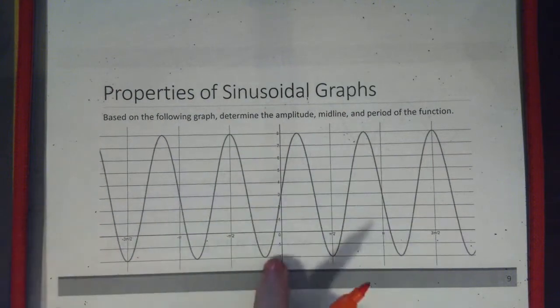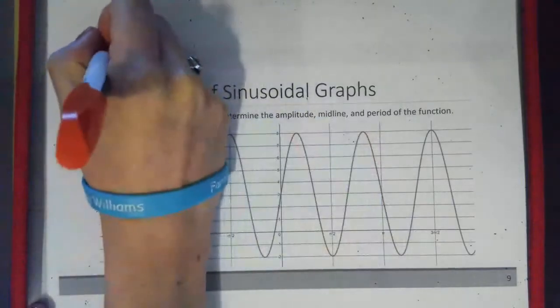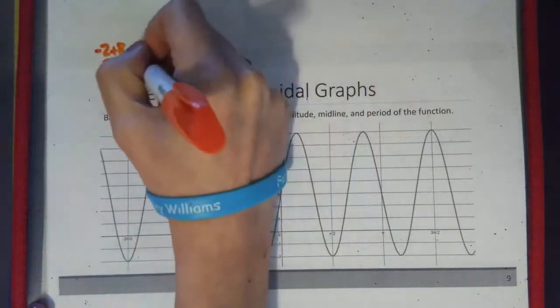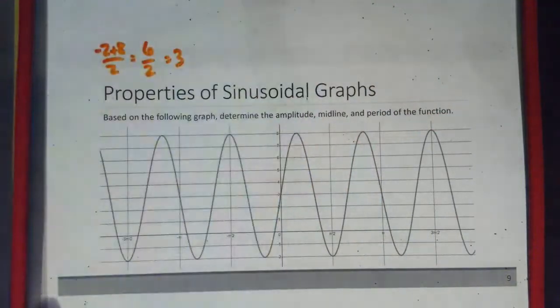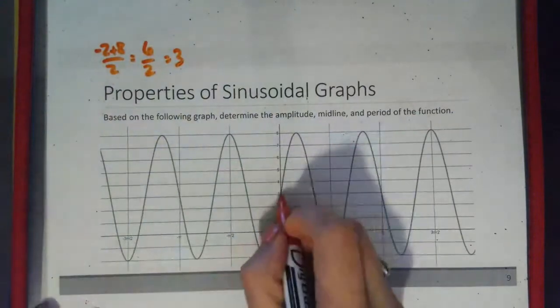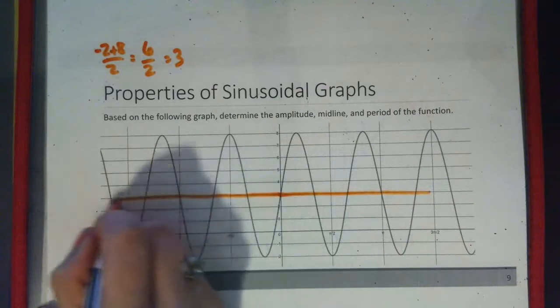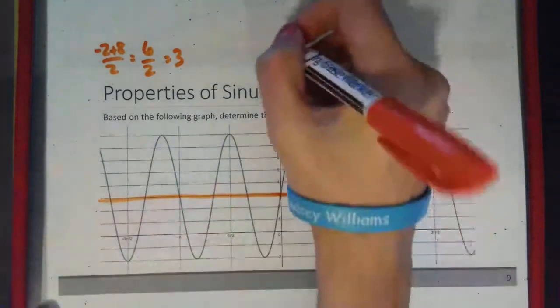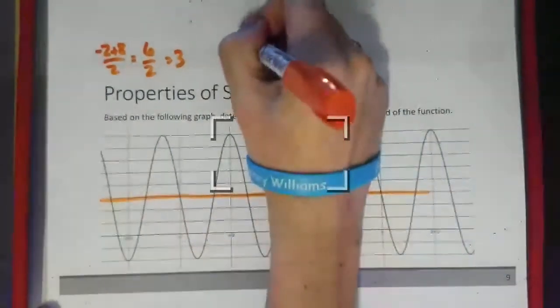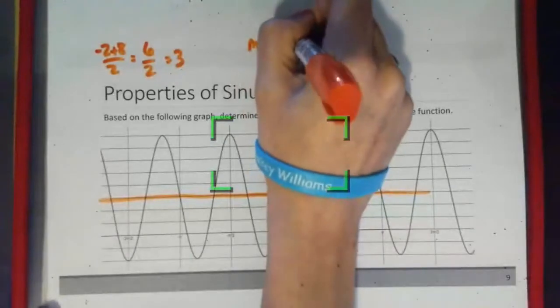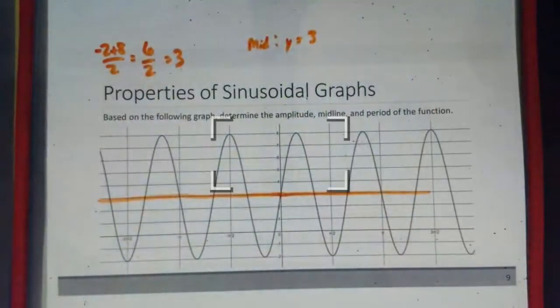So if I take -2 plus 8 divided by 2, that's 6 divided by 2, which is 3. That's my midline. We are going above and below that value. So my midline is at y equals 3.